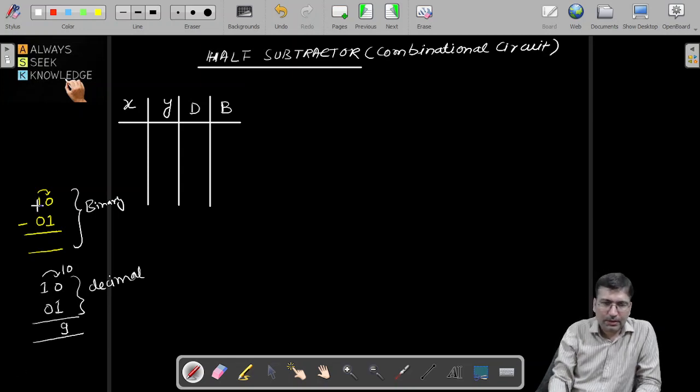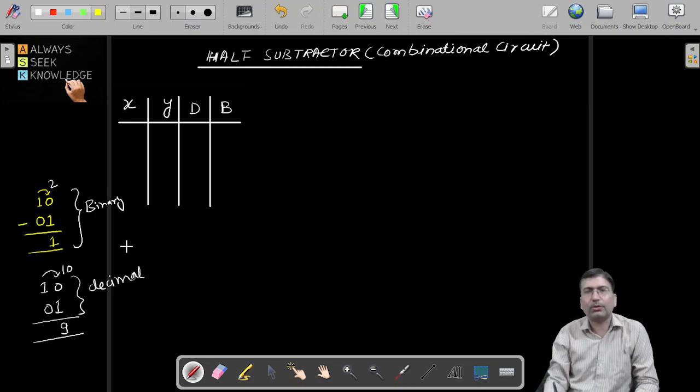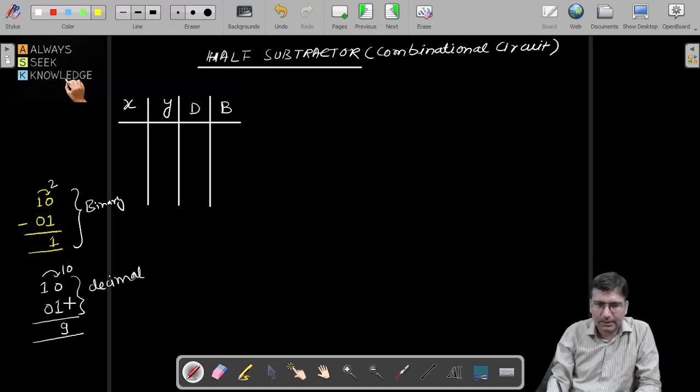The similar thing we do here. The unit place is represented like 2 to the power 0, and this is 2 to the power 1. So when we are borrowing, actually we are borrowing 2, and 2 minus 1 will give us 1. I hope the logic behind the subtraction everybody understands, right? So let's wipe it out.